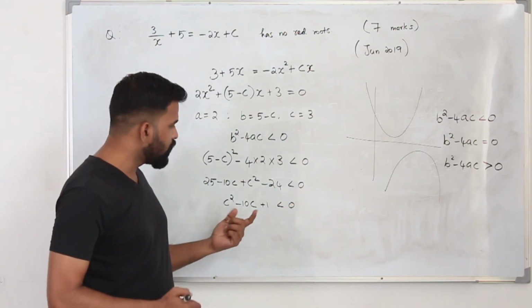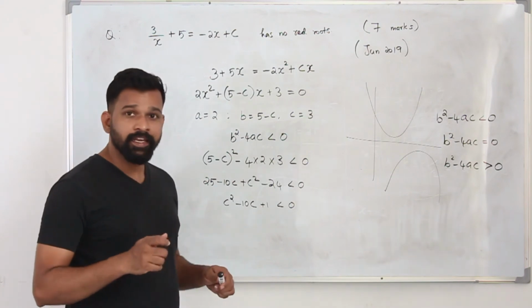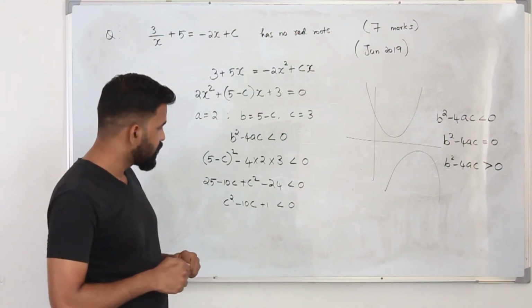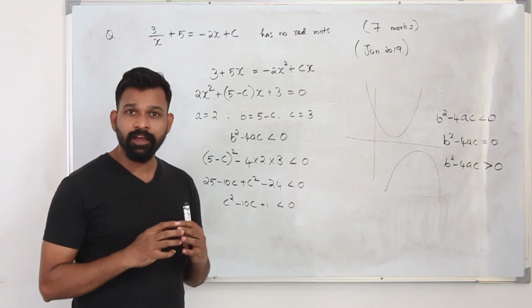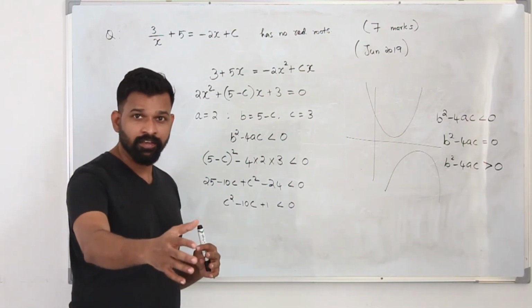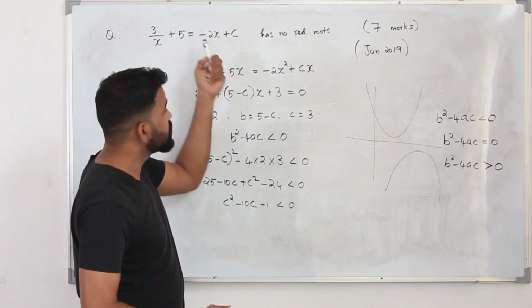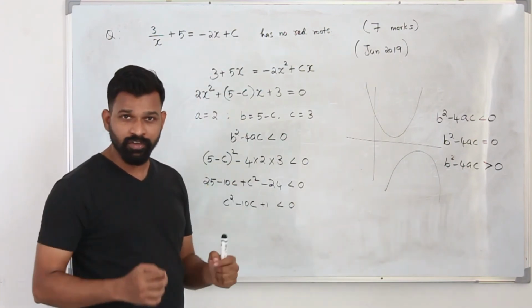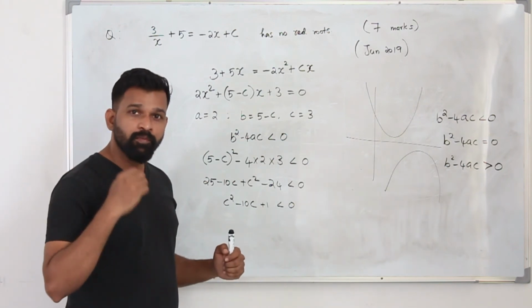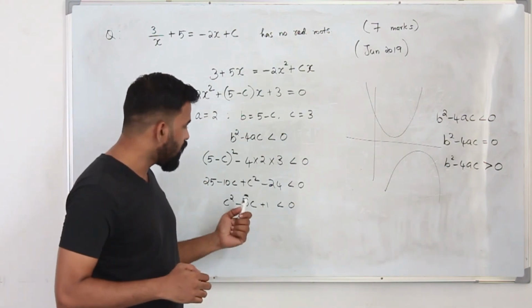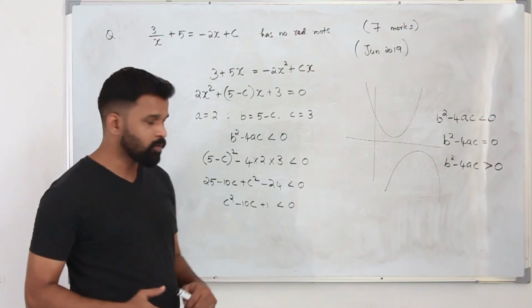So you need to solve this quadratic inequality. But actually, if you look at this, the quadratic inequality comes in chapter 3. This question is a mixture of chapter 2 and 3. But anyway, I am going to solve this. But when we move on to chapter 3, I am going to teach you how to solve a quadratic inequality.